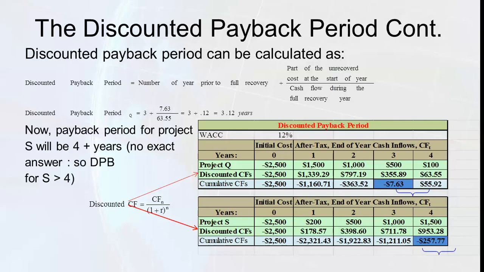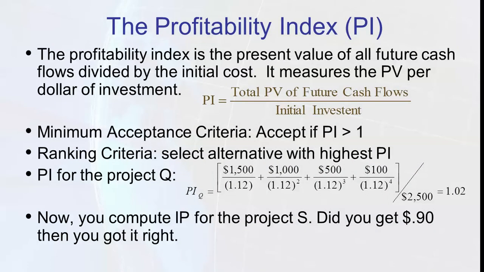Okay, our last criterion is the profitability index. Profitability index is the present value of all future cash flows divided by the initial cost, and it measures the present value per dollar of investment. So PI equals the total present value of all future cash flows divided by the initial investment.